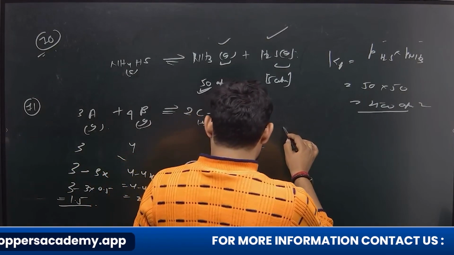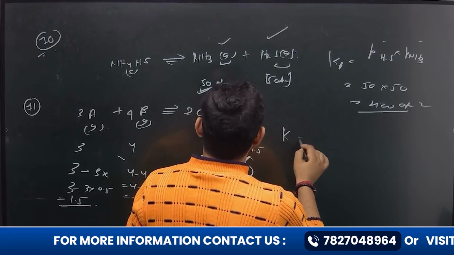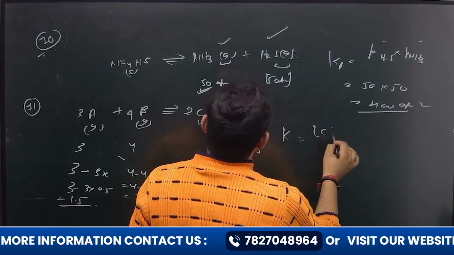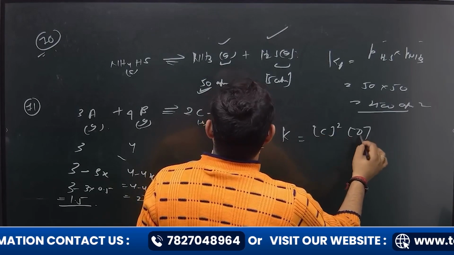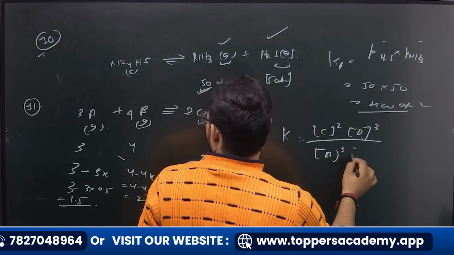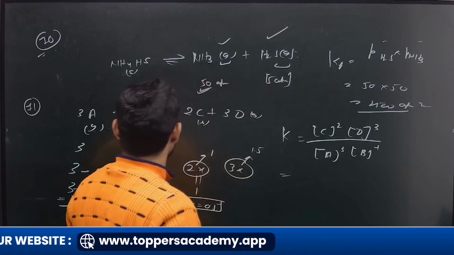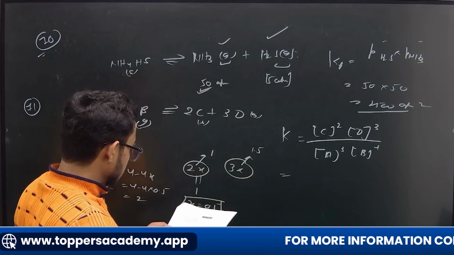So the value of the equilibrium constant will be equal to concentration of C square, concentration of D cube, upon concentration of A cube, concentration of B to the power 4.